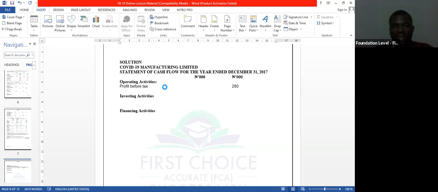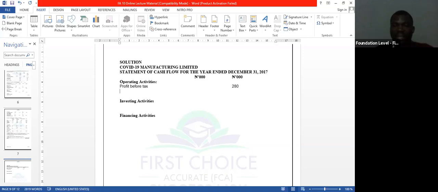Now that we have that, the next thing is that we need to adjust for non-cash transactions. It means that before we arrive at 280, there are some things that have occurred, that we have added and subtracted, that do not actually involve movement of cash, like depreciation, amortization, gains, and the likes.